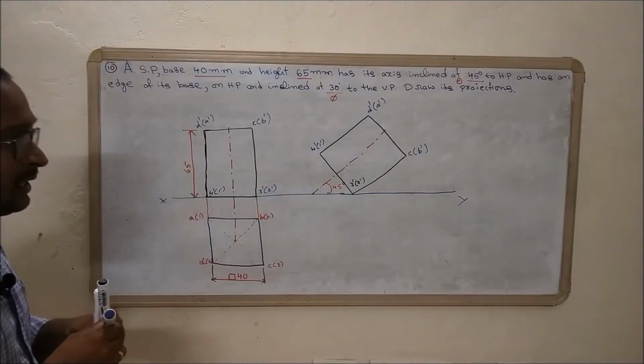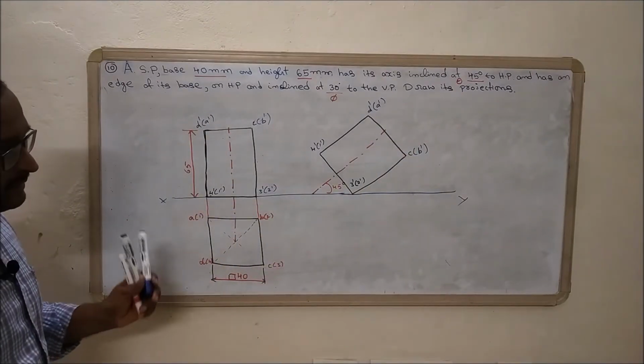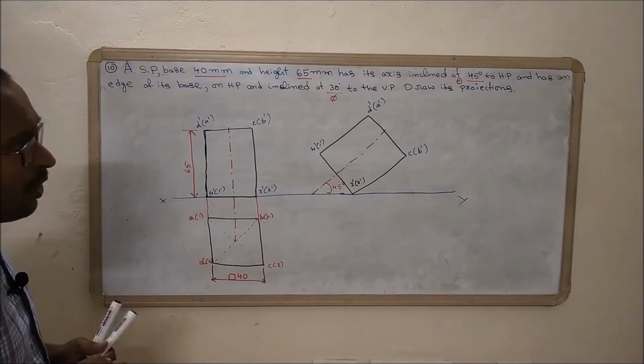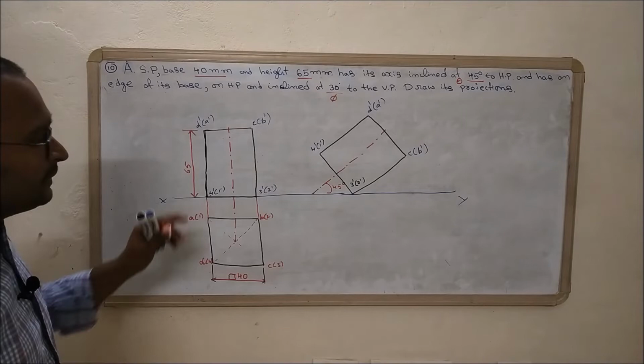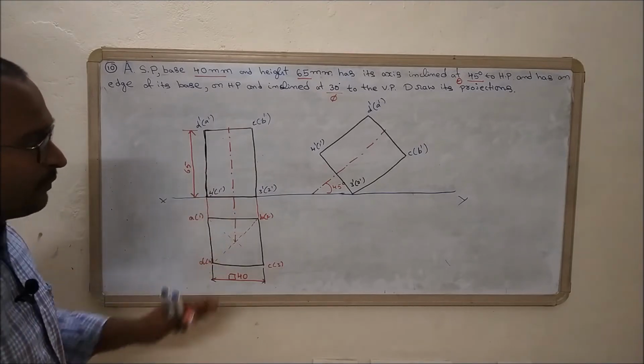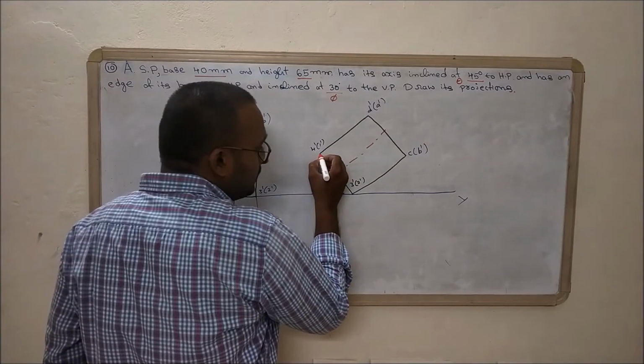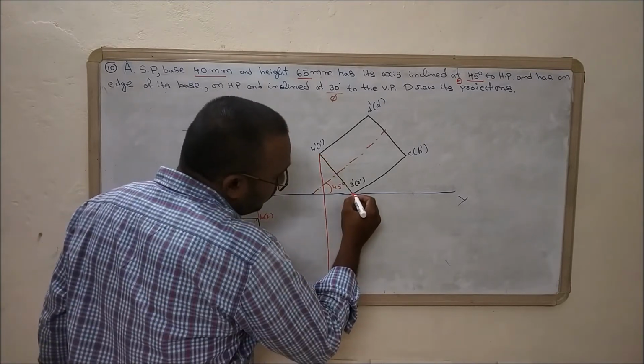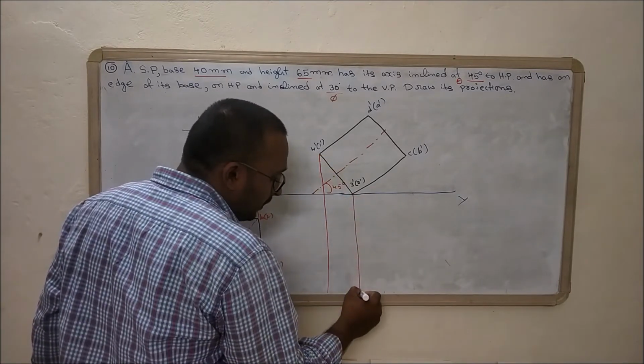So this is the case, that is the second position. Now we need to project all the points of the second stage front view downwards until we get the top view of the given problem.